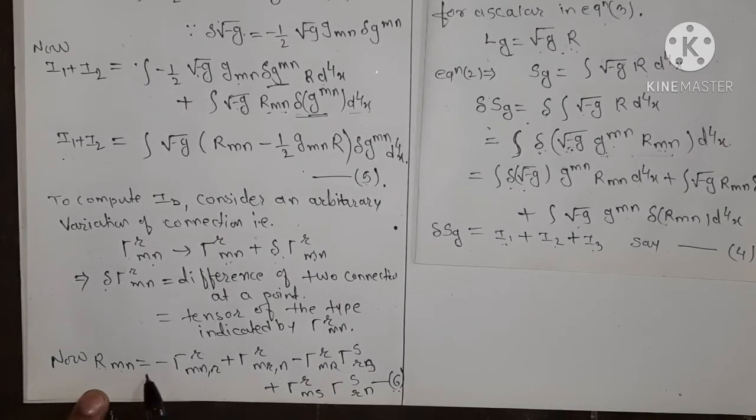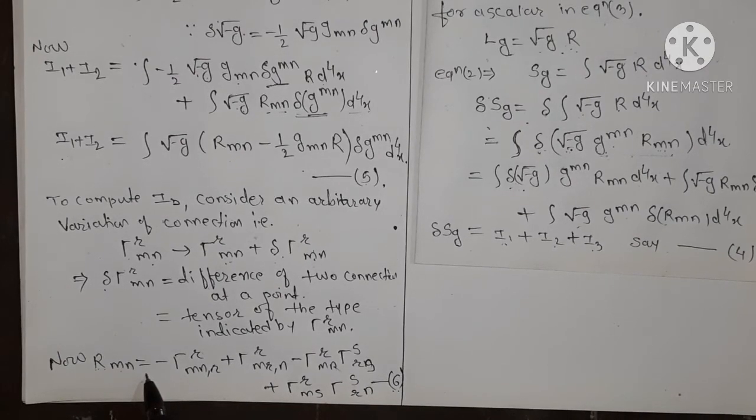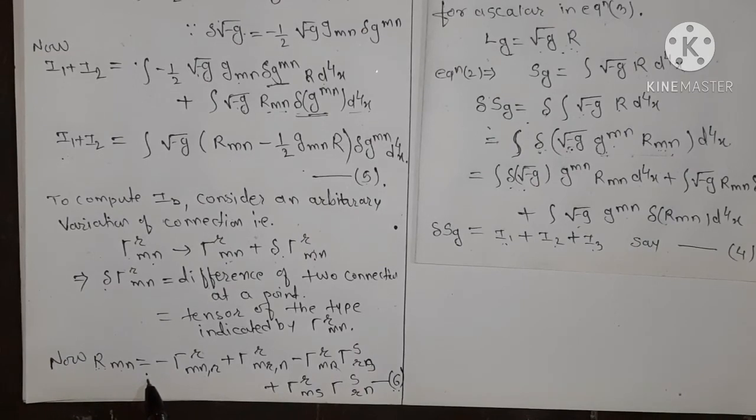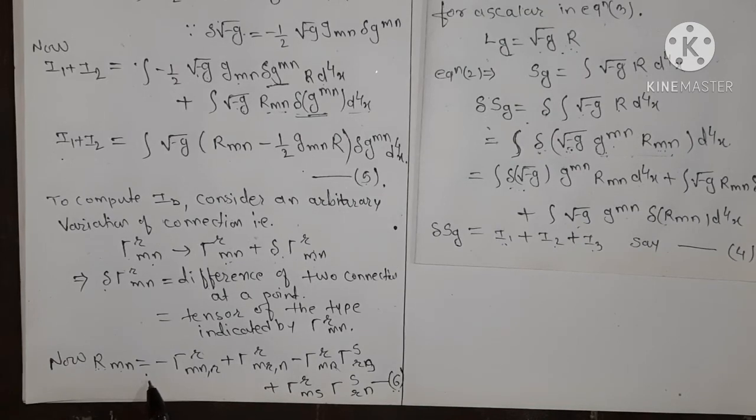Now in solving this we choose the local Riemannian coordinate system. That is, we have seen this in Riemannian geometry, you can read about the Riemannian coordinate system. In the Riemannian coordinate system, g_mn, that is the metric tensor, is constant.